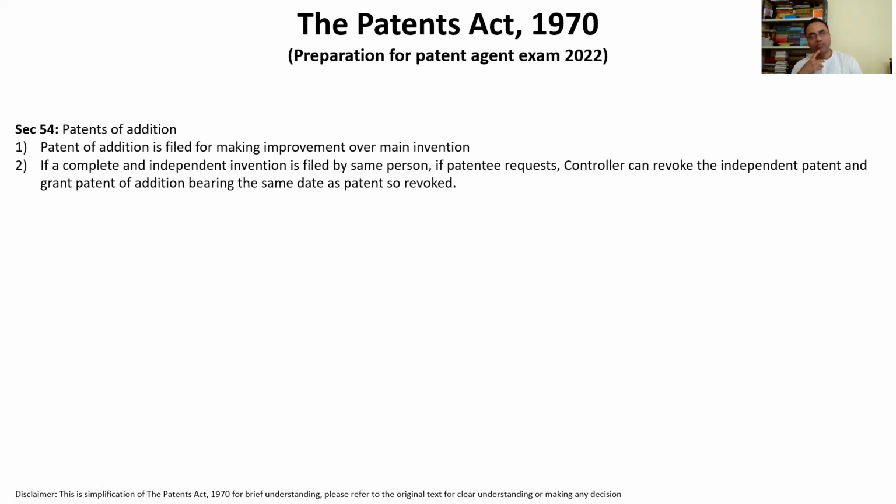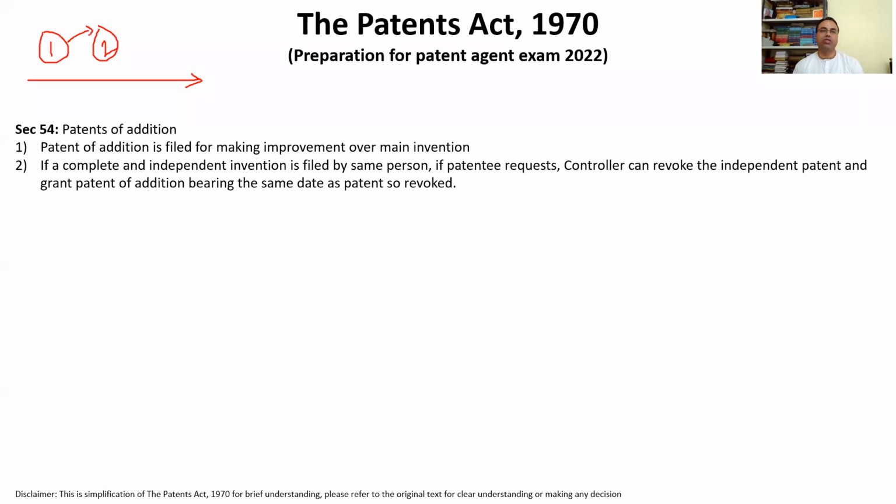What does this mean? For example, suppose you file one patent here, and then you file another patent here. So this is the timeline, this is patent number 1, and this is patent number 2. Now you feel that number 2 is an improvement over number 1.